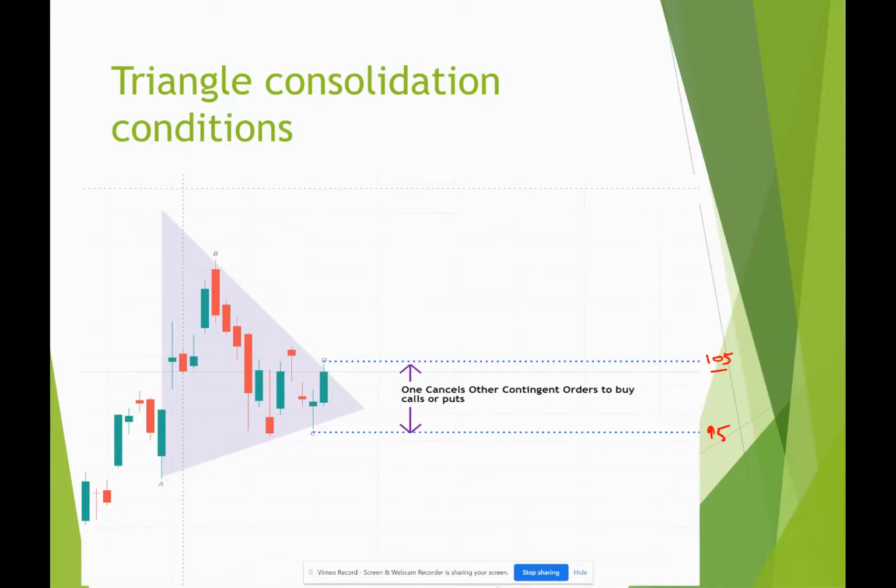It's a market order for the put, and it gets released if the stock reaches your lower level. If one of those is filled, it automatically cancels the other one. So that's a one cancels other contingent order to buy calls or puts. And we want to place those orders above the lower high or below the most recent higher low of the triangle that we think we're going for.